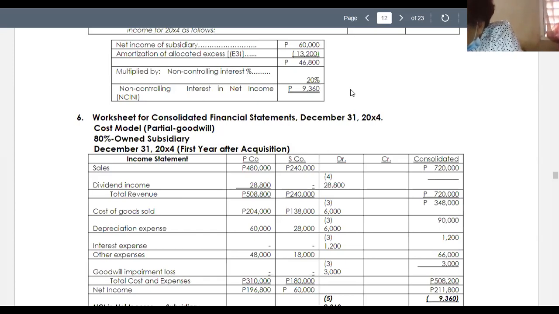Everybody, you try to review on your depreciation. We cannot get the amount there, no? Depreciation, take note, 60,000, we are adding 28,000.